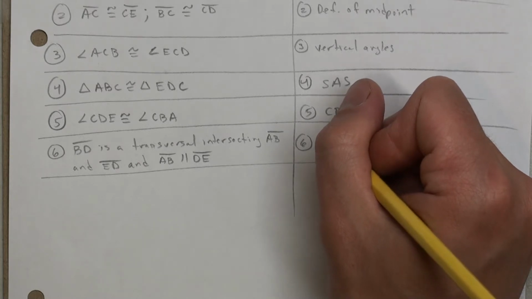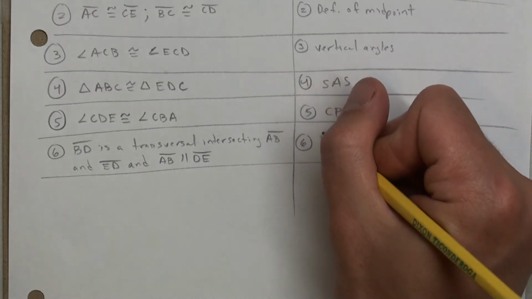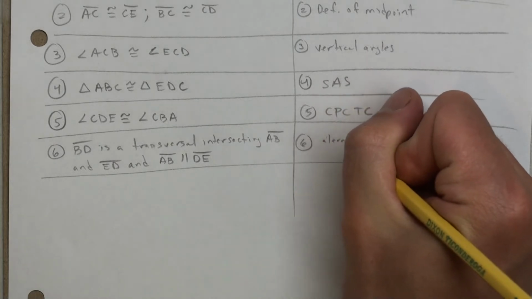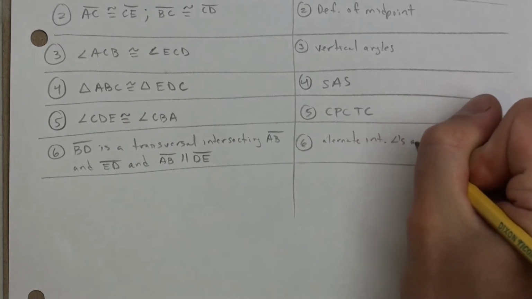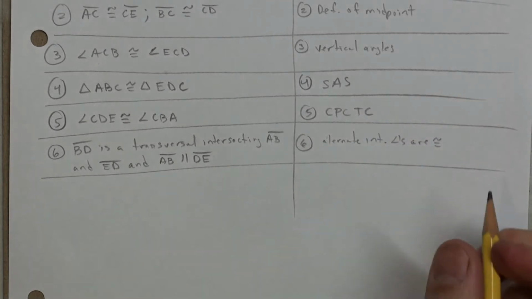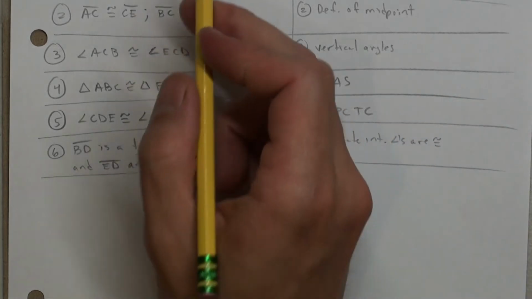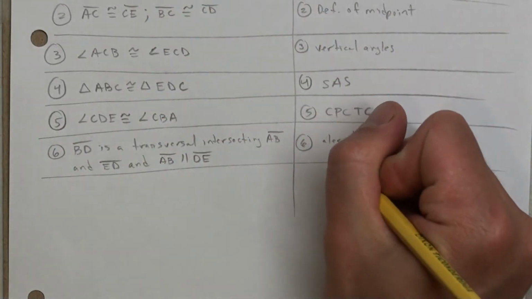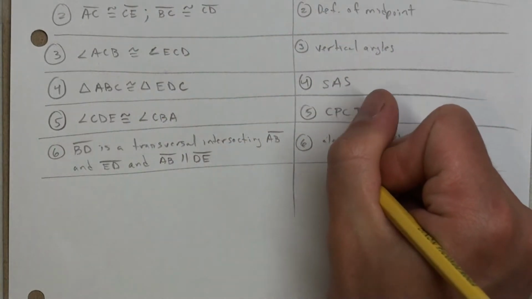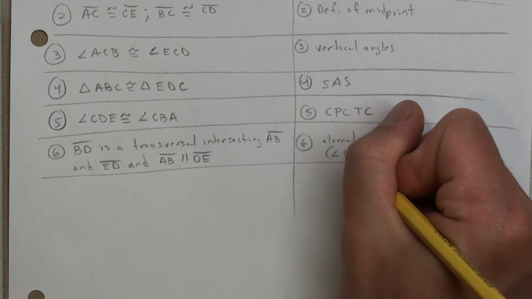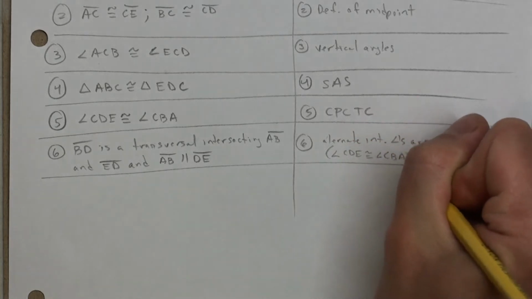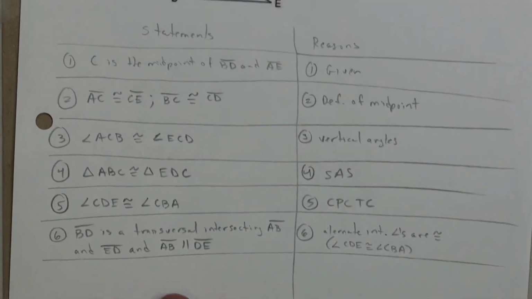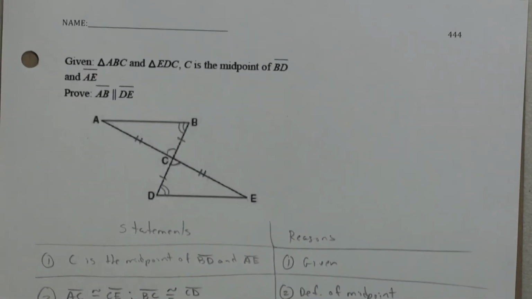I would say alternate interior angles are congruent. And that would be the angle, in parentheses I'll put angle CDE was congruent to angle CBA. Okay? So that would be the proof for 444.